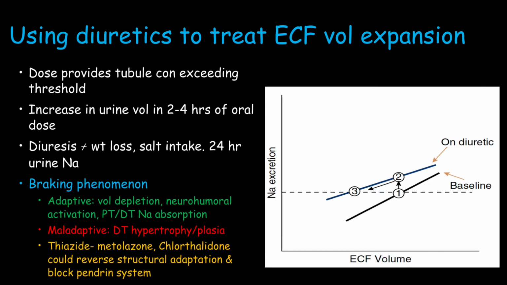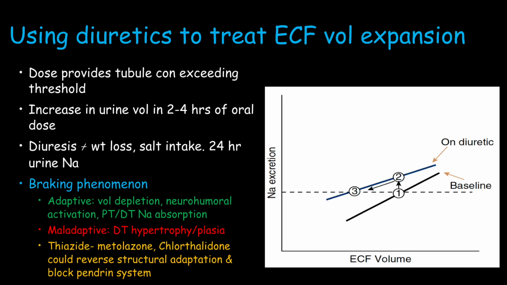This is because there is an adaptive phenomenon which occurs secondary to volume depletion, neurohormonal activation, and proximal tubule and distal tubule sodium absorption. Normally, if you continue to use these loop diuretics for a longer period of time, it turns into a maladaptive phase whereby the distal tubules become hypertrophied and hyperplastic, as a result of which your urine output falls and there is more and more salt retention and water retention.